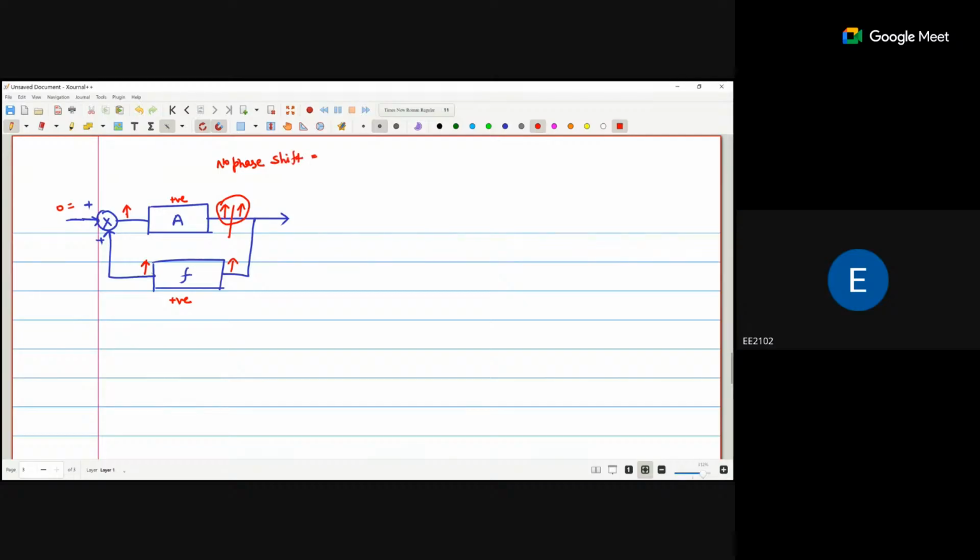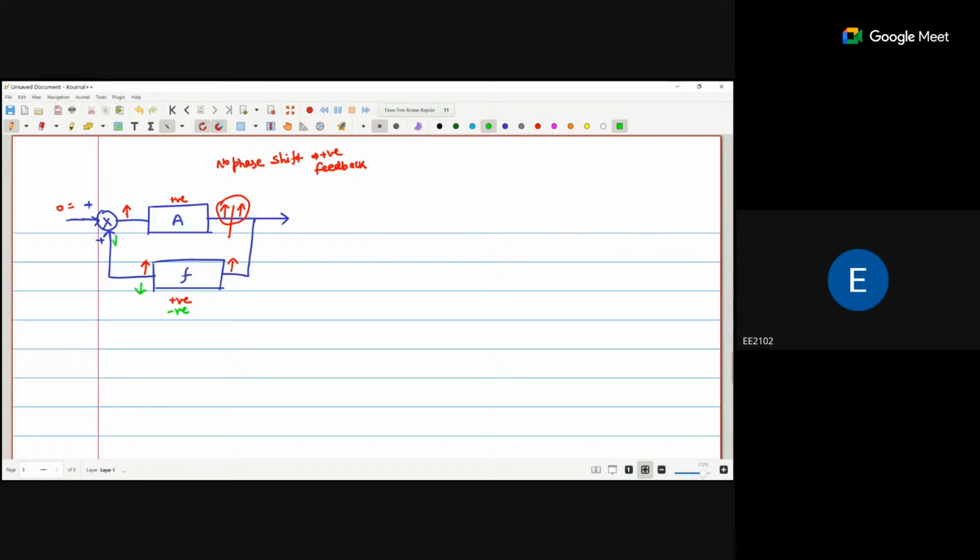That means positive feedback. Okay, second case, I just assume the F is negative. So incremental voltage I am added. Here the voltage is incremental because passing through the F, we are getting a negative voltage.